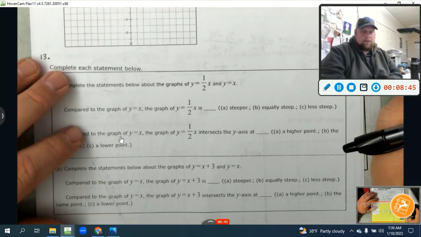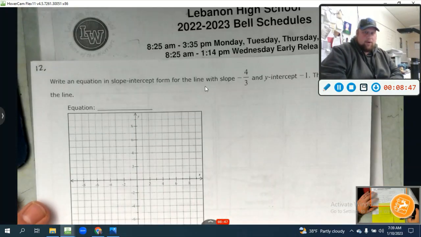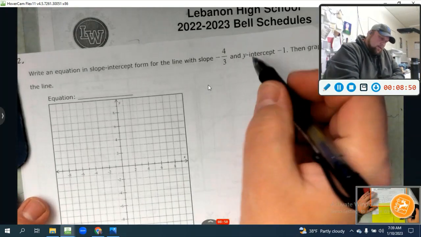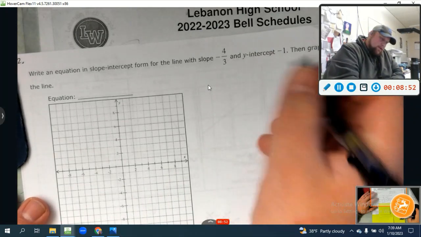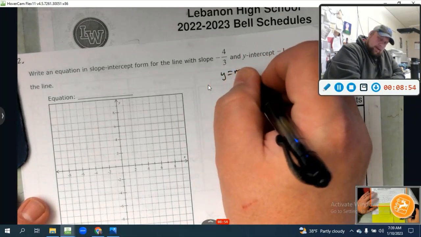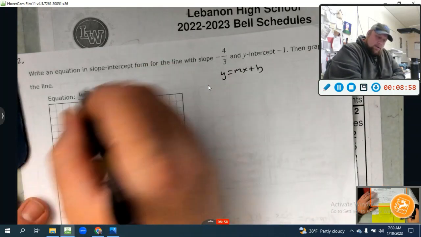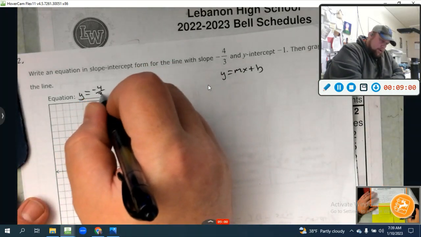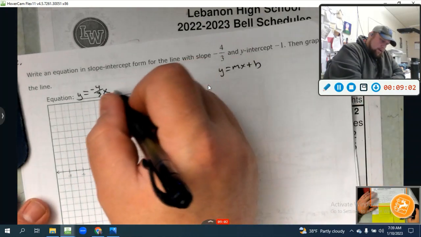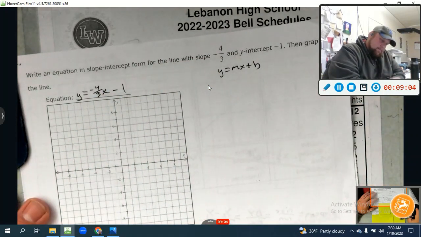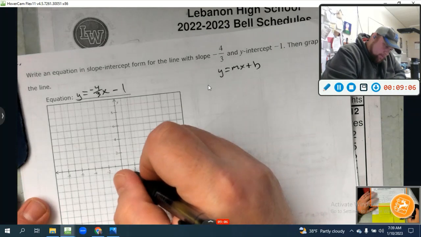Oh, and this one wants us to do the same thing, but actually wants us to write the equation of the line. So slope of negative 4/3, intercept negative 1. Remember y equals mx plus b. So this is going to be y equals our slope of negative 4/3 times x minus 1. So let's go to minus 1.